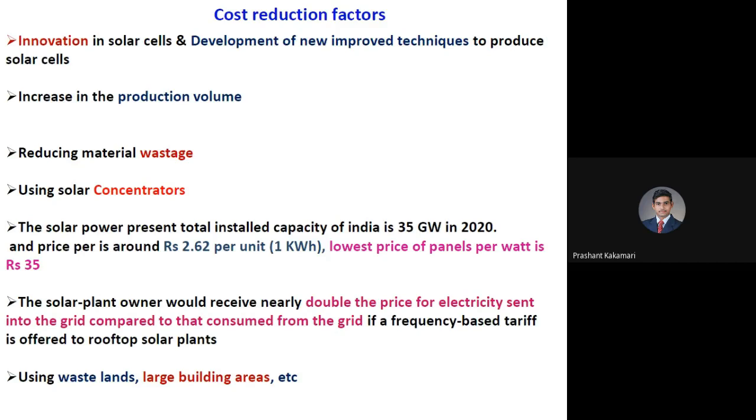Now, apart from this, if you focus on the 2020 data, the total installed solar power capacity is around 35 gigawatt as of 2020, and the price per unit, if you see, is around 2.62 rupees per unit from the solar panels, that is for 1 kilowatt hour.